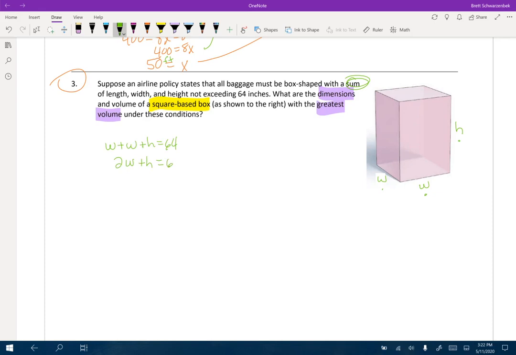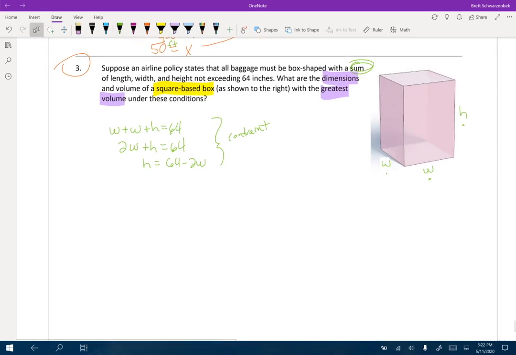Okay, as we usually do, we solve for one of the variables, so we'll do that now. I'm just going to pick the variable that has a 1 in front of it, so I don't have to do a lot of work when it comes to the algebra. So this is basically our constraint. This is what we're limited to in terms of our relationship between the height and the width of the box. That is the key.